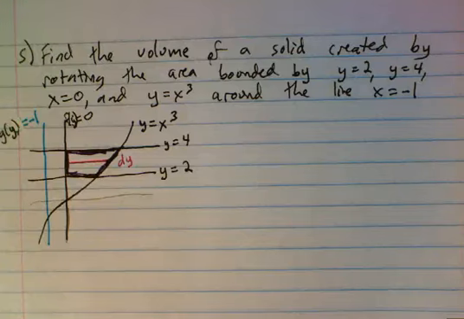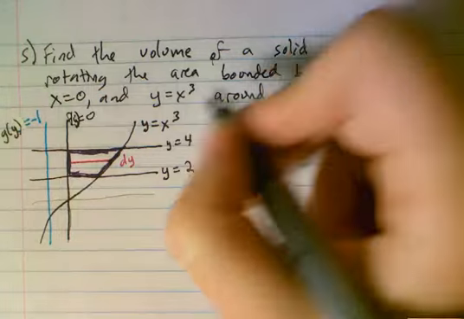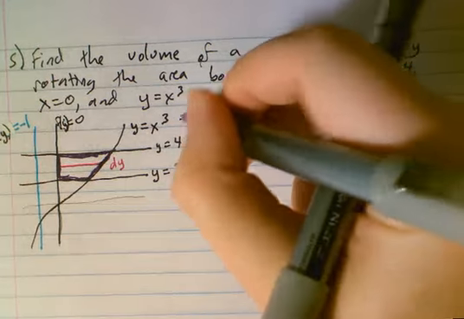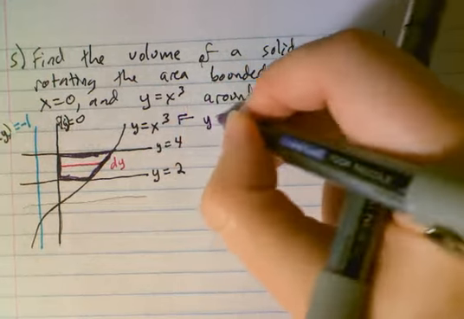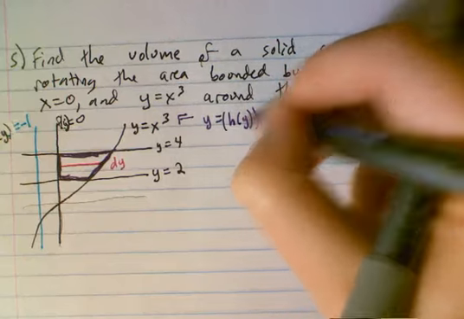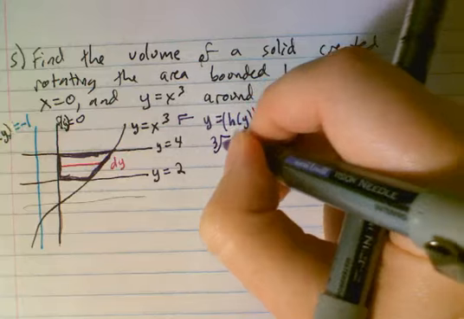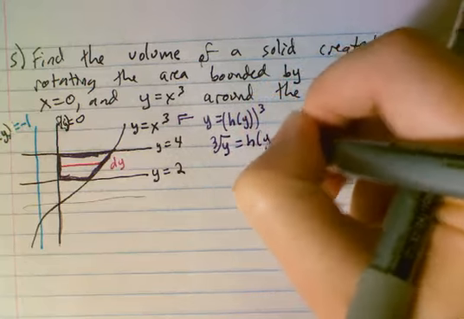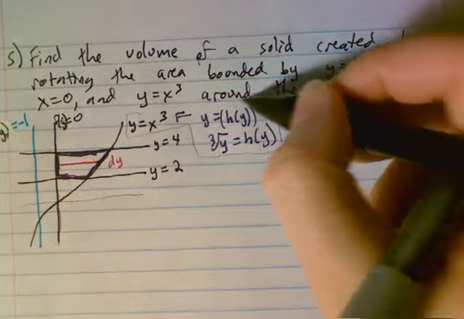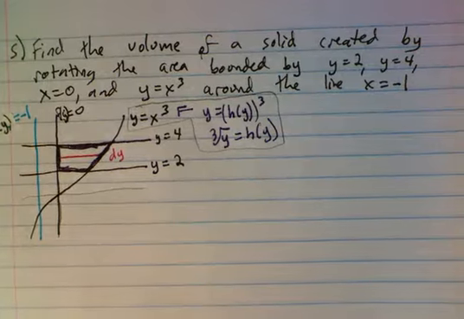And I know that this one right here should be converted. I'm a little bit short on room, so I'm going to do this over in purple so we can still spot it. So y equals x cubed, and that means cubed root of y equals h of y. And I'm going to go ahead and box that so I can find it again.